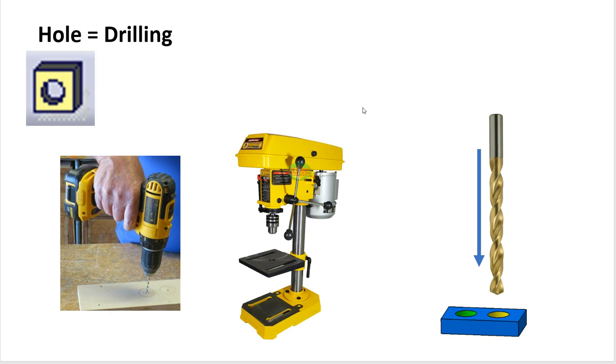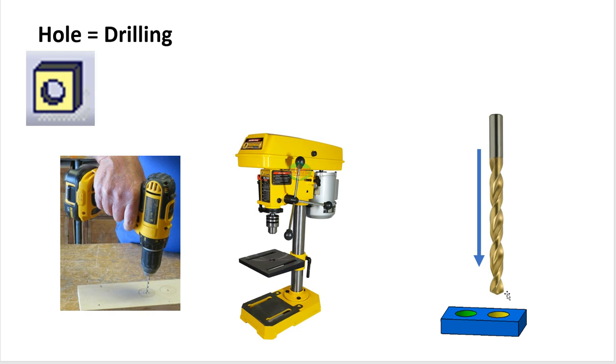Okay. So when should we make a hole a hole, and when should we make it a pocket? Well, it comes down to how they're made. Holes are made with drill bits. So you have a drilling machine, whether it's handheld or a machine, and drills come straight down, or I should say in a straight line. They could actually go at an angle if you wanted.